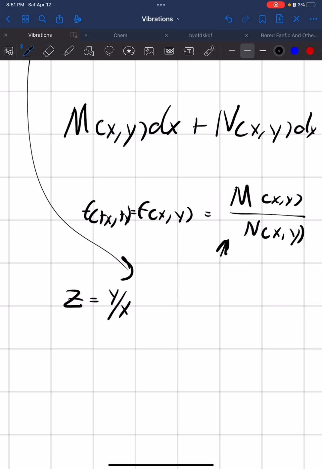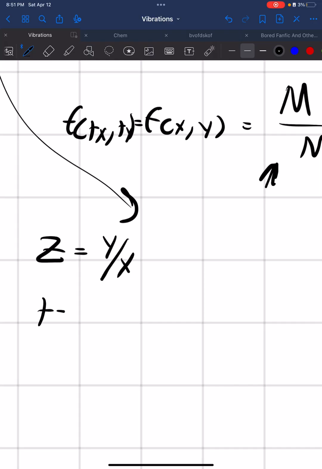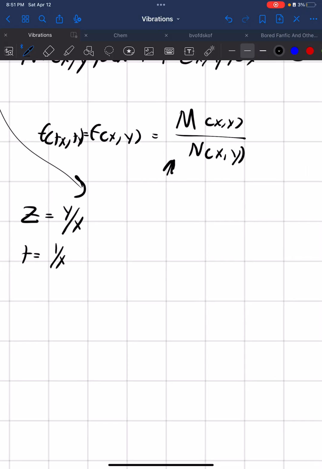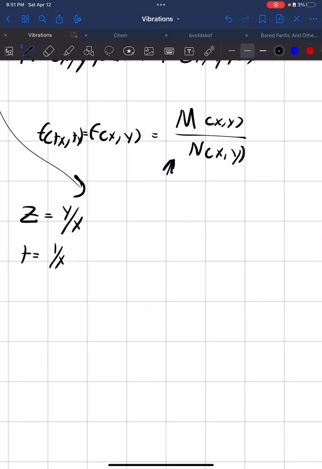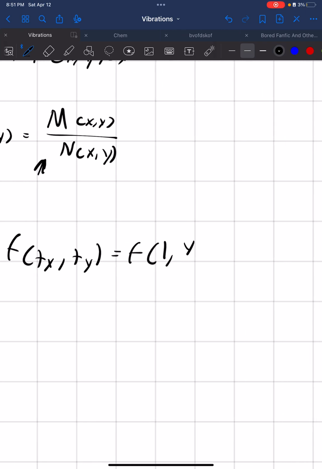And the t comes into play with, we'll also say that t is equal to 1 over x. And we can make this assertion that f of tx, ty equals f of 1, y over x, which is then f of 1, z.